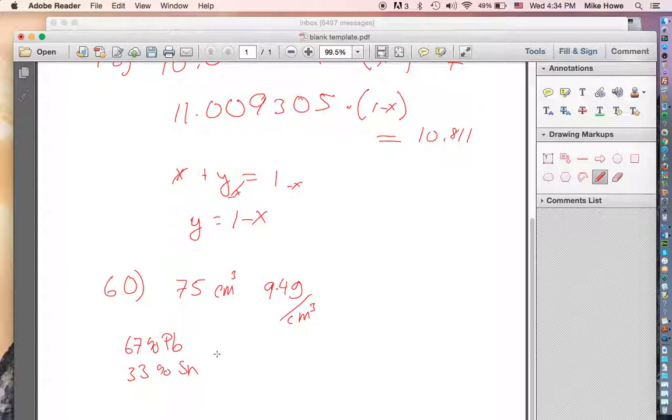I think that would make sense because 67 and 33 makes 100. All right, so if I multiply this out, my total mass of the solder, total mass is 75 multiplied by 9.4. So I have 705 grams of solder.